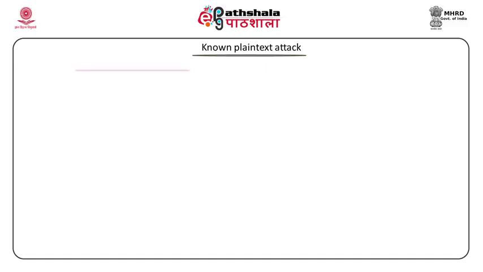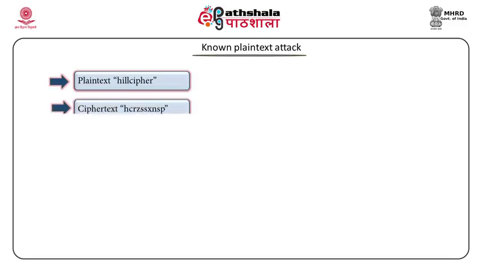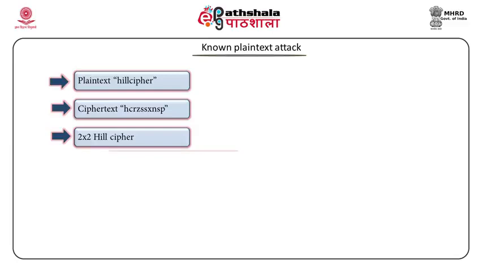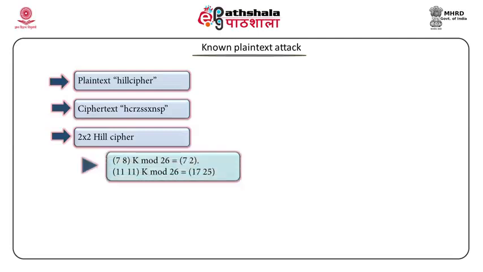The example plain text is Hill cipher, and the ciphertext accordingly is HCR, ZSS, XN, SP. This time we are going to work with a 2 by 2 Hill cipher. So, take the first 2 characters of plain text and the first 2 characters of ciphertext. That makes 7, 8, K is unknown, the equation is known. So, PK mod 26 gives you C, that is 7 and 2.